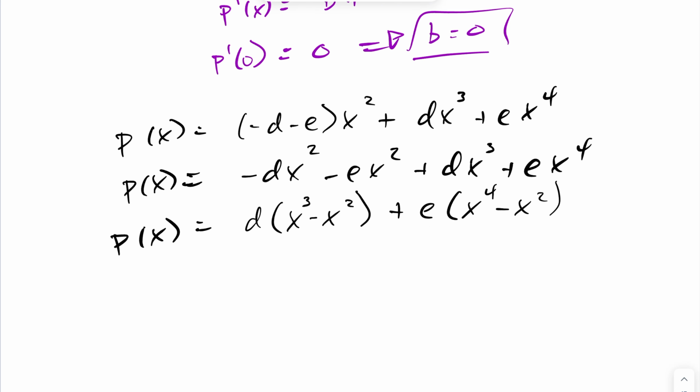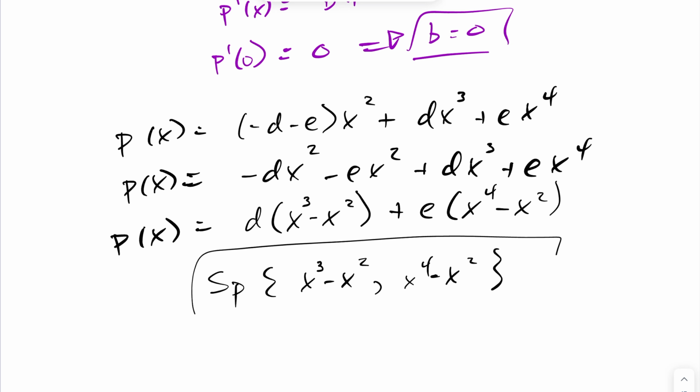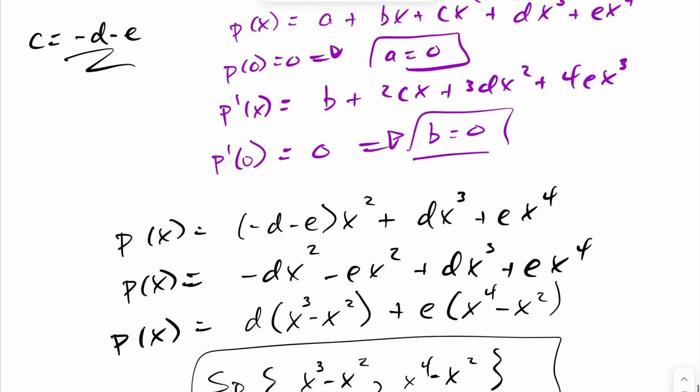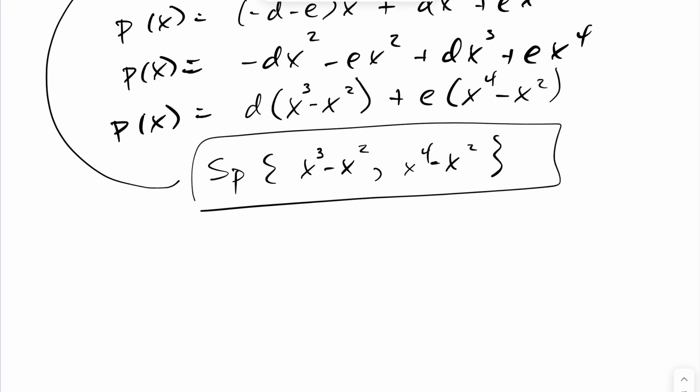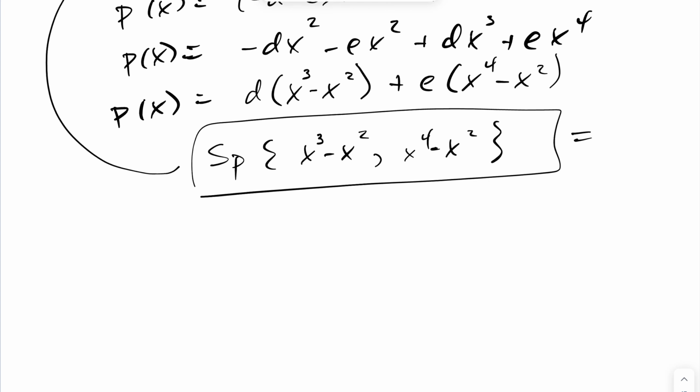And therefore, we can see here that if I were to span on the vectors x cubed minus x squared and x to the 4th minus x squared, taking every possible linear combination of these two polynomials, that will create this exact set that we started off with. This will create the set W exactly as is.